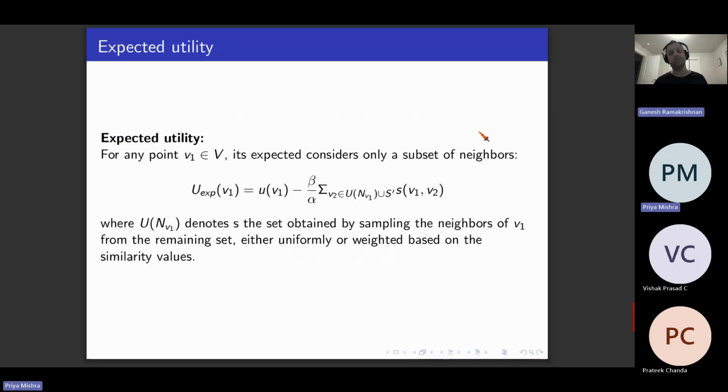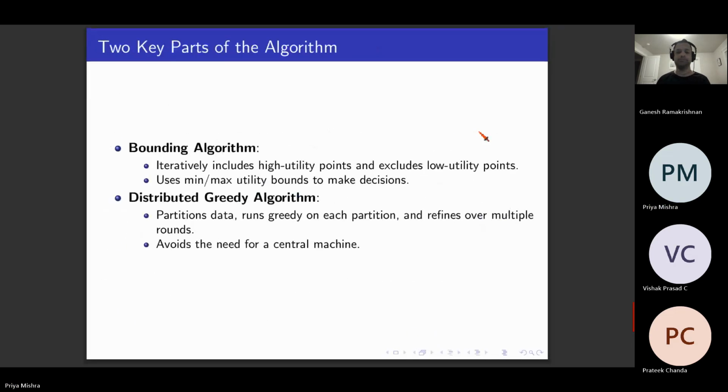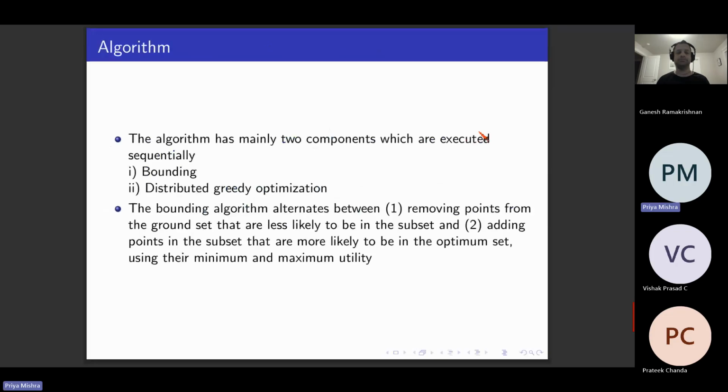How good is this approximation? They say there's a proof for approximate bounding, why it works. We haven't included that in the presentation.